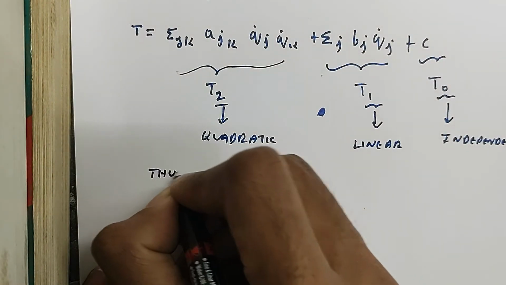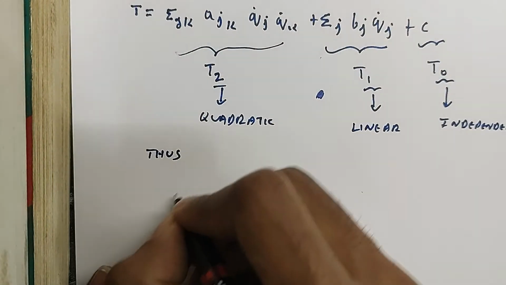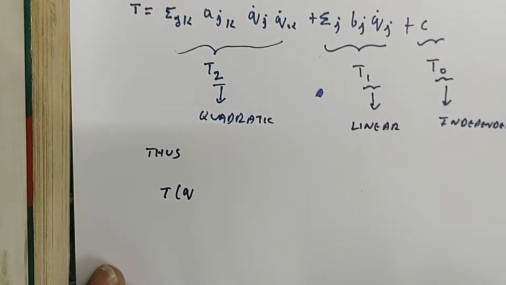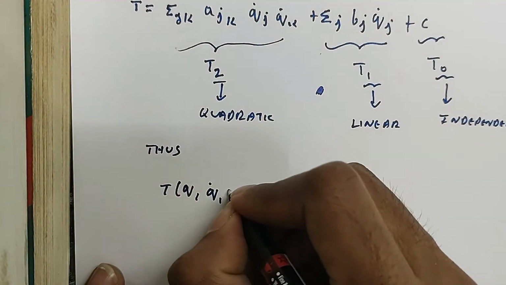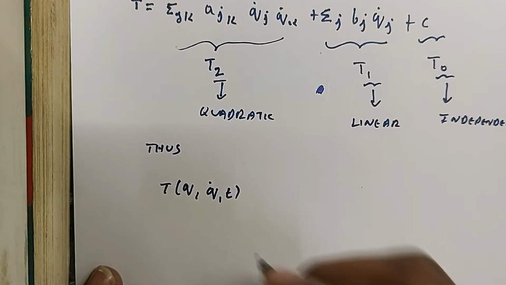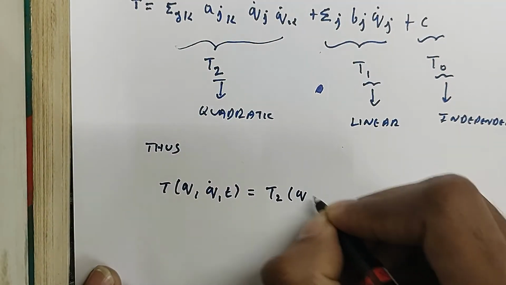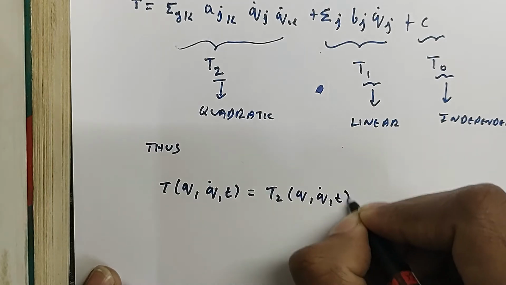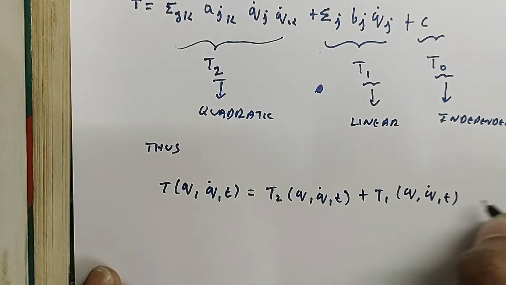Thus, I will write explicitly, my kinetic energy, like the Lagrangian, depends upon q, generalized coordinate, q dot, generalized velocity, as well as it depends upon time. So I'm going to write this. T2 is my first element, which depends upon the following variables, followed by T1, which also depends upon the following variables.